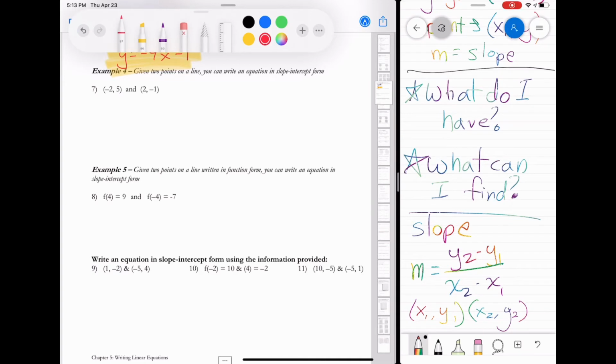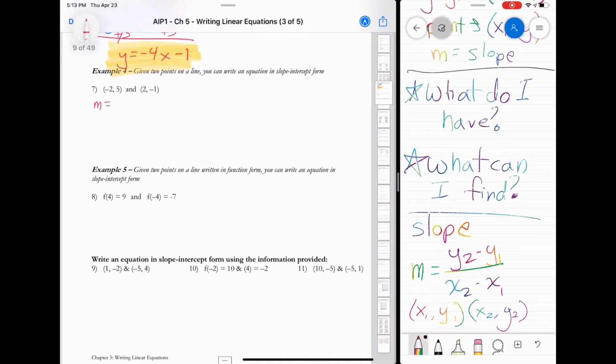So in this case, we have 2 points. Let's go ahead and solve for slope. We get m equals -1 minus 5 over 2 minus -2. So we get -6 over 2 plus 2, so we get 4, which then simplifies to -3/2.